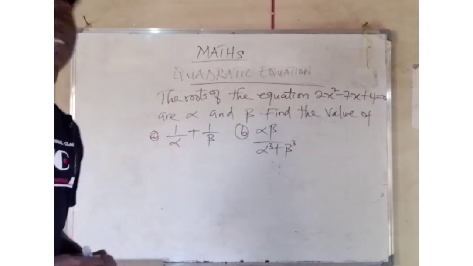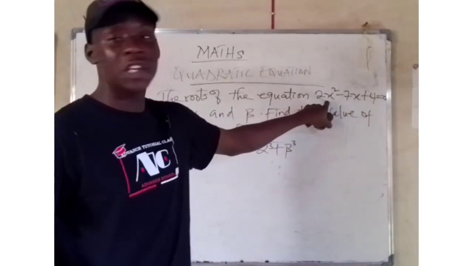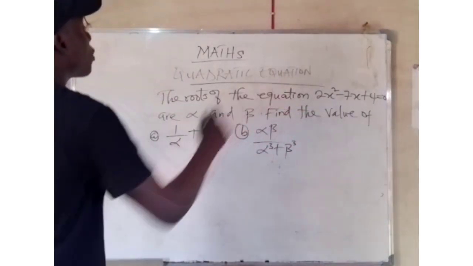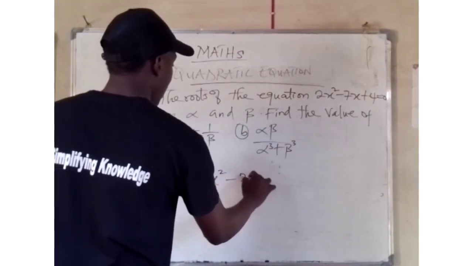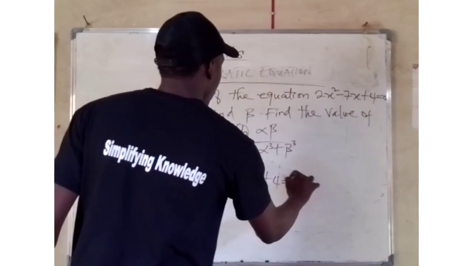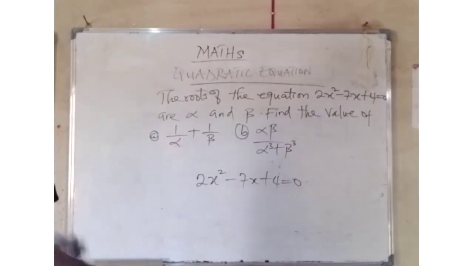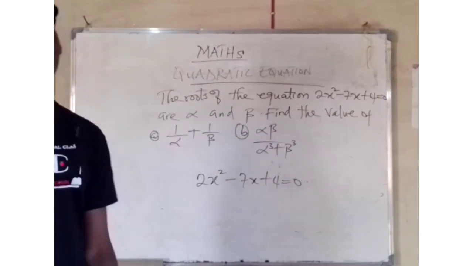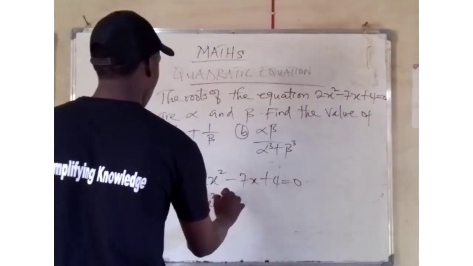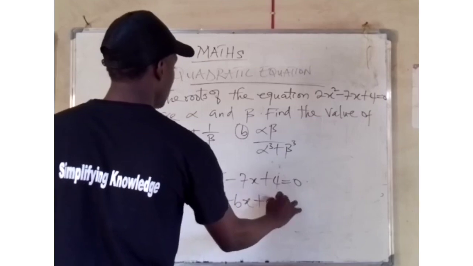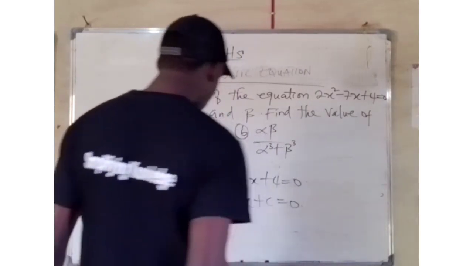Now to solve a problem like this, I'm already given the quadratic equation, so I'm going to work with it. So this is the quadratic equation, 2x squared minus 7x plus 4 equals 0. First of all, let's relate this to the standard form of a quadratic equation, which is what? ax squared plus bx plus c equals 0.